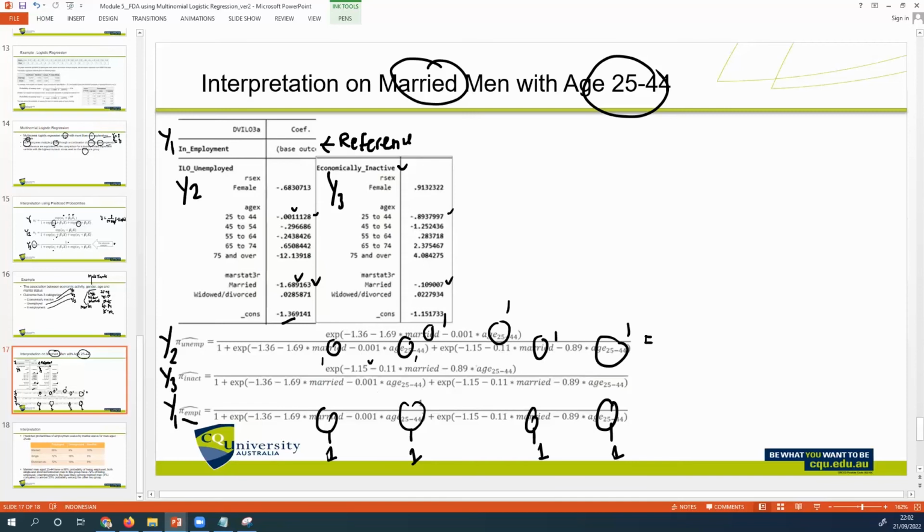Both are the same, equal to how much? So this is to see which class has the highest probability for the married men with the ages of 25 until 44.